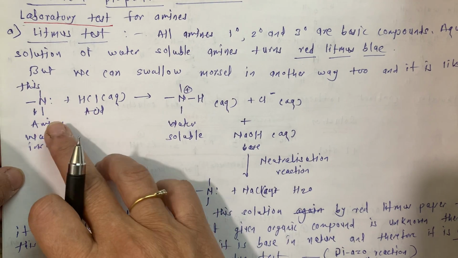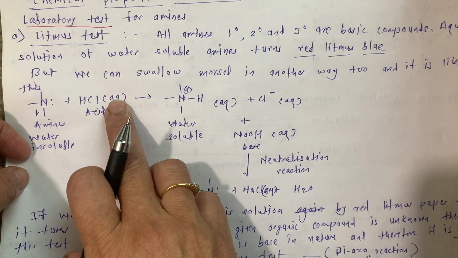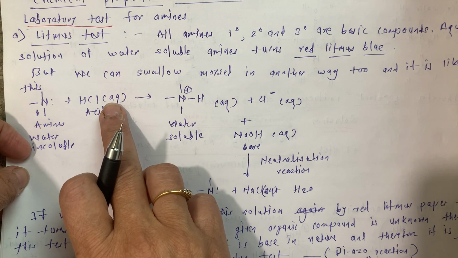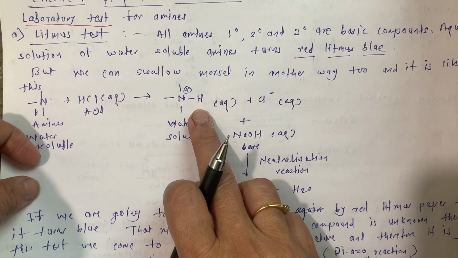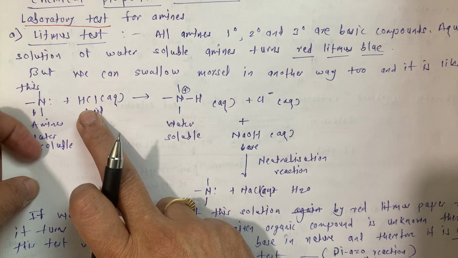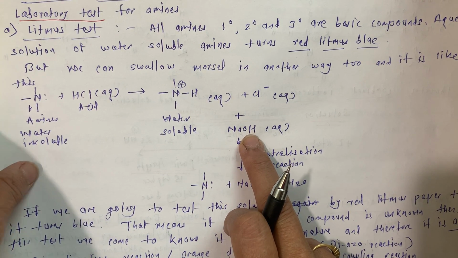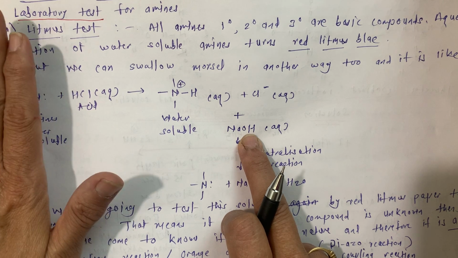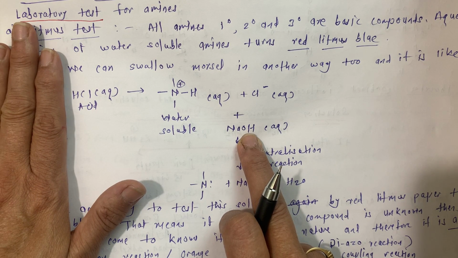So for that, what we are going to do is treat this amine with an acid which is aqueous. This is very important, it means water is there. Then we get this water soluble solution with Cl minus separated out. Then, as we are adding HCl here, we are going to add NaOH to neutralize this solution. Just for the time being, we don't know what the given organic compound is, but we are treating it like this.